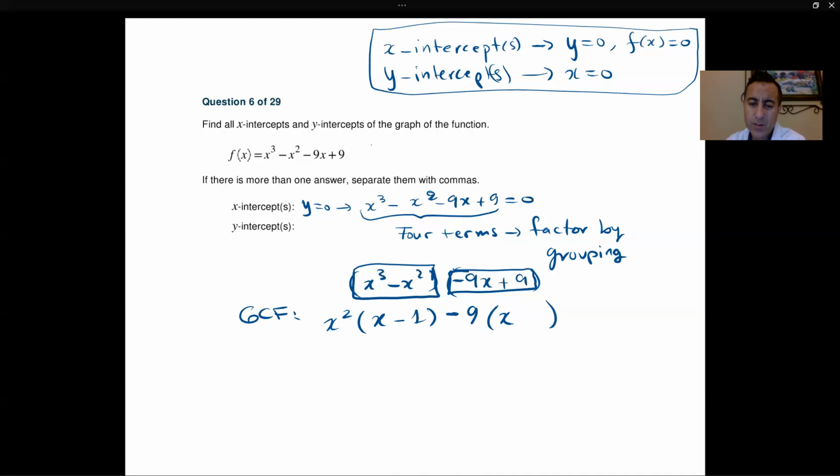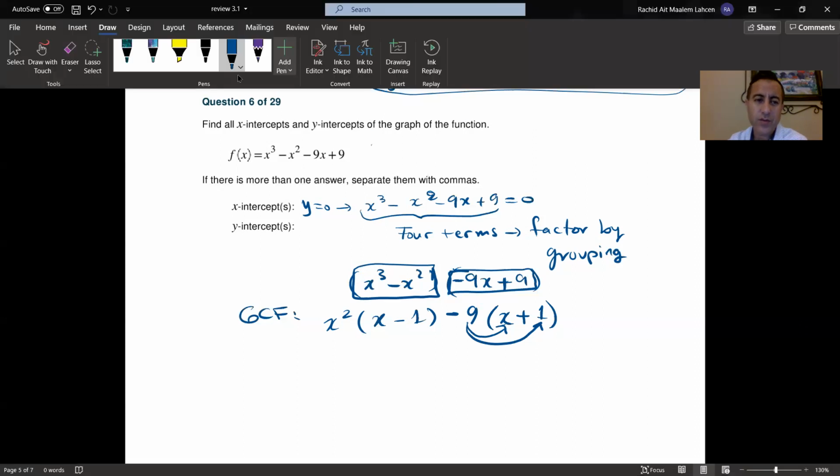The common mistake is to take out 9 from here and 9 from here and leave it this way. A quick check back: negative 9 times x is negative 9x, negative 9 times 1 is negative 9, but this is a positive 9. Also, this here does not match with this, which won't allow us to continue. All right, so we need to fix it.